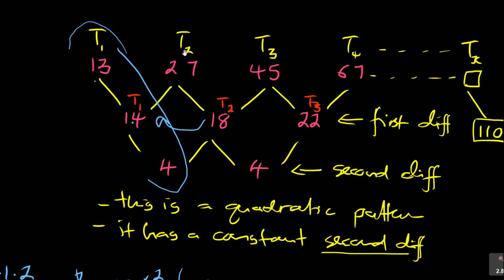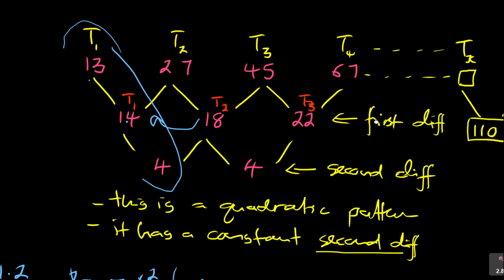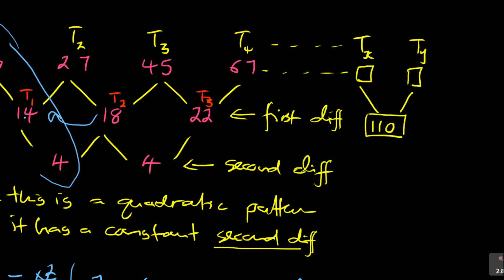So 1, 2, T1; 2, 3, T2; T3, T4, T3. Now the question is, if this was T25, what would be this one? It would be T25 and T26. Why? You see, if it's T3, I've got T3 and then T4. T25, I've got T25 and T26.